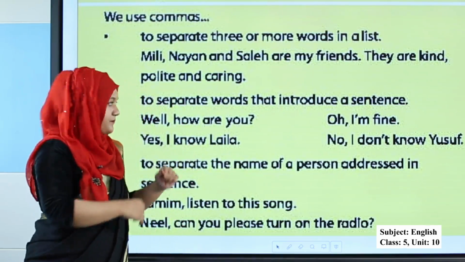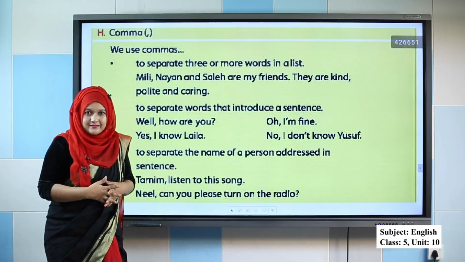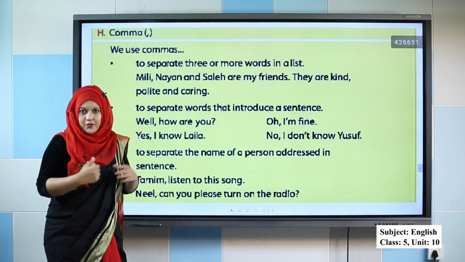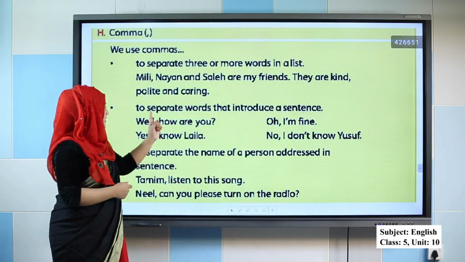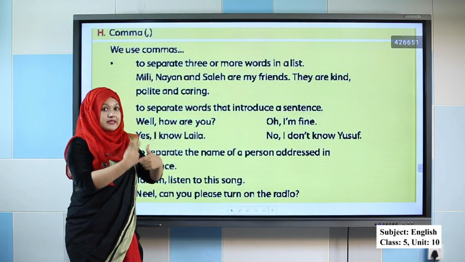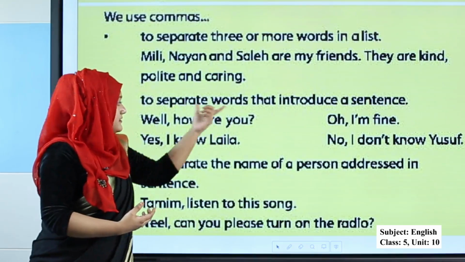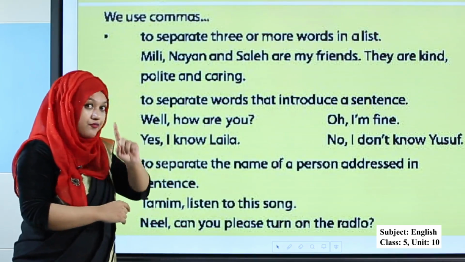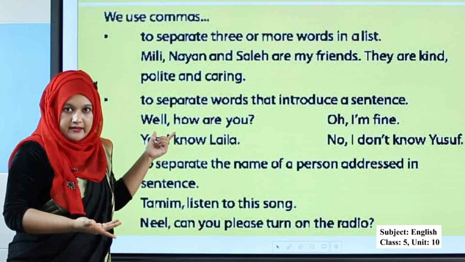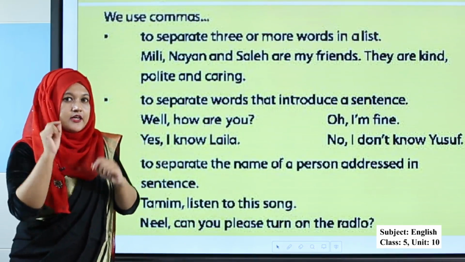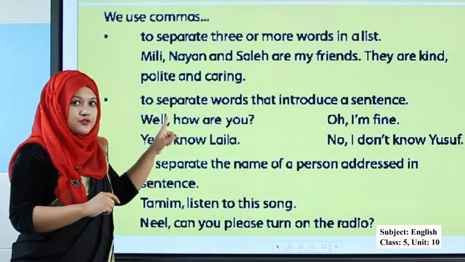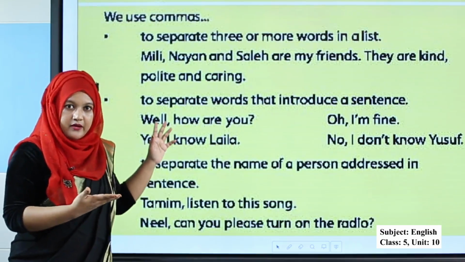Okay, let's see. Well, how are you? Then, how are you? The sentence is just initiated. We need to separate it from the word well. So, we need to use comma after the word well. Okay?